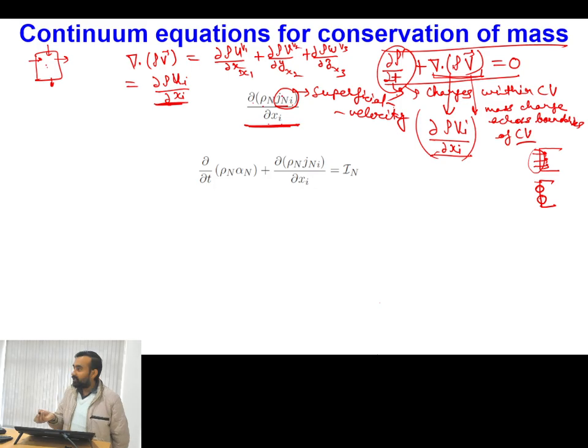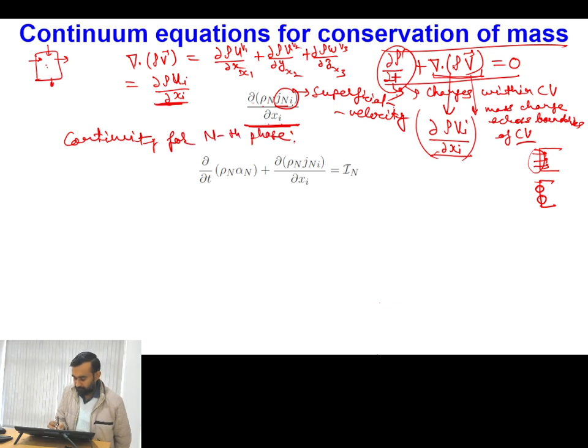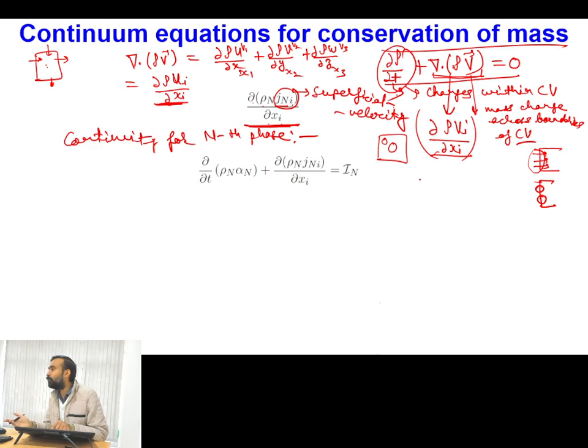So if this is clear, then if I have to write the continuity equation for the nth phase, what will it be? See, the continuity equation is del rho by del t. But when I have a multi-phase system, the nth phase is not fully occupying the control volume.